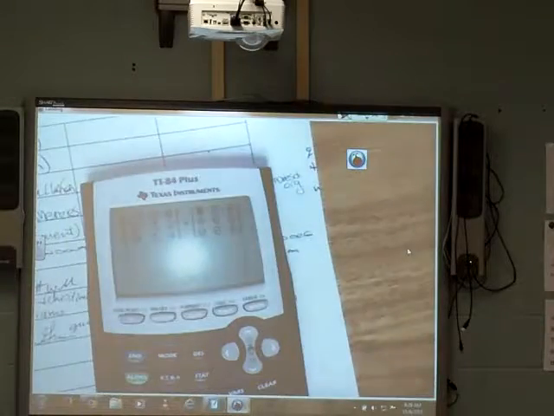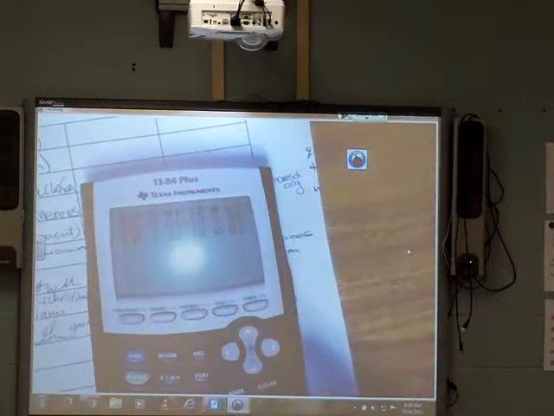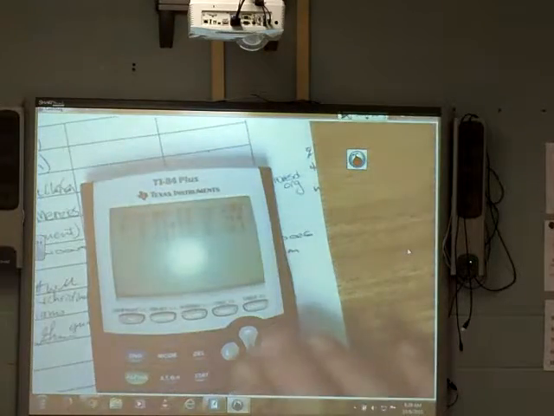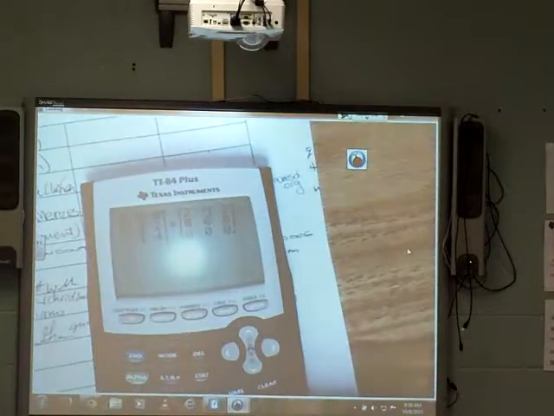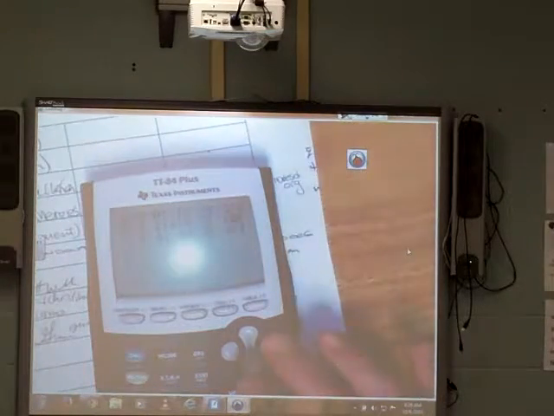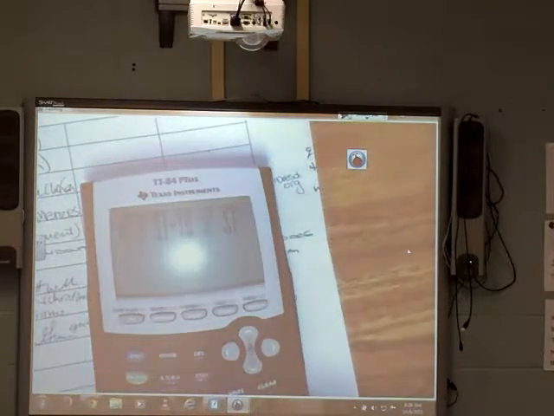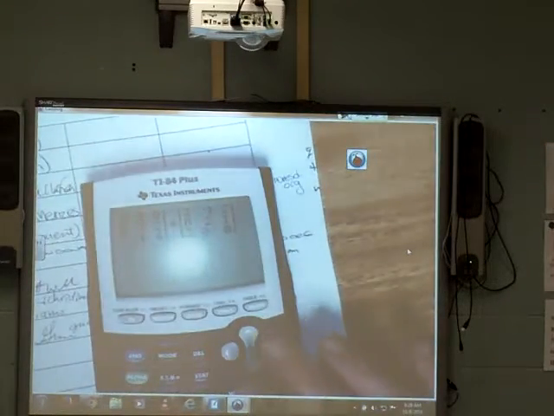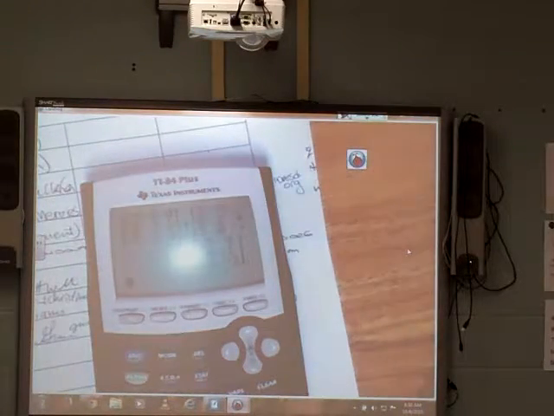And I'm multiplying it by 2, negative 1, 2, 0, 2, 1, 3, 0, negative 1, hit enter.